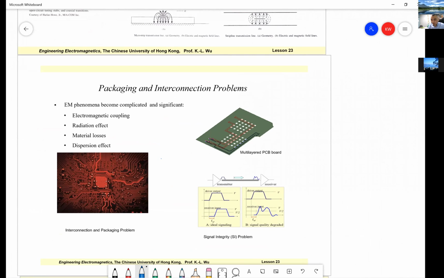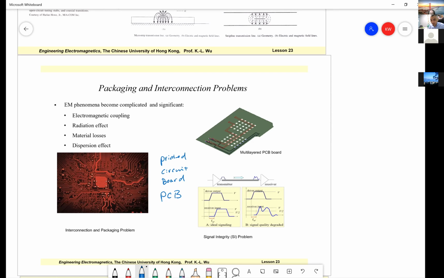We call it a printed circuit board, or PCB, right? Okay, PCB board. So this is the top view. We see all the traces, right?